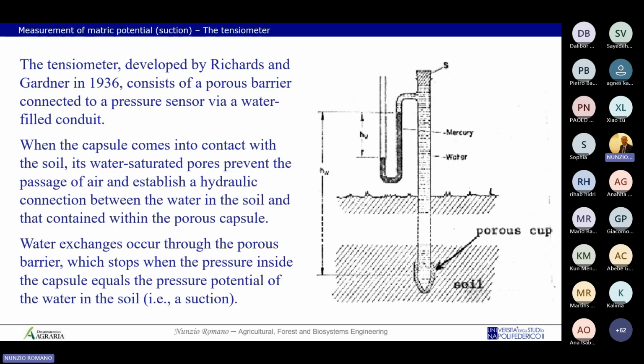The porous cap is a cap with very small pores that allow water to flow from the tube to the soil, but not air. So only the water goes into equilibrium with the water in the soil, and when there is equilibrium, this system is able to measure the suction.